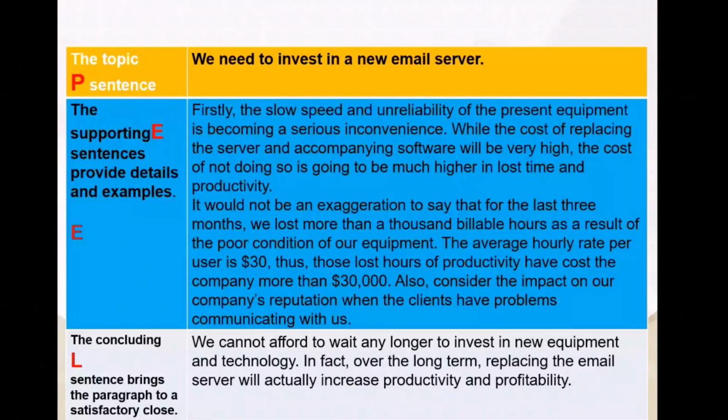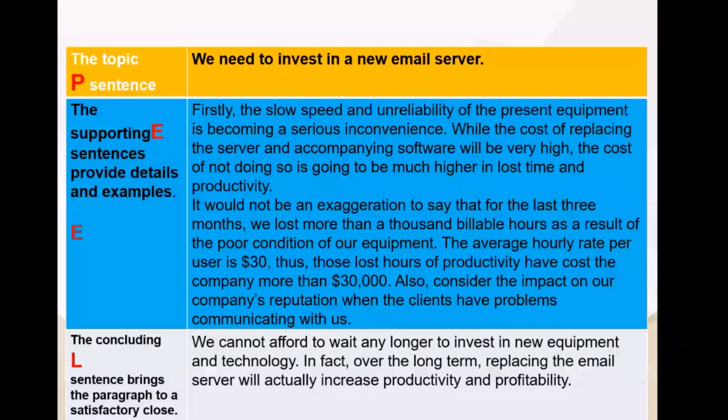The slow speed and unreliability of the present equipment is becoming a serious inconvenience. While the cost of replacing the server and accompanying software will be very high, the cost of not doing so is going to be even higher in lost time and productivity. It would not be an exaggeration to say that for the last 3 months, we lost more than 1,000 billable hours as a result of the poor condition of our equipment.